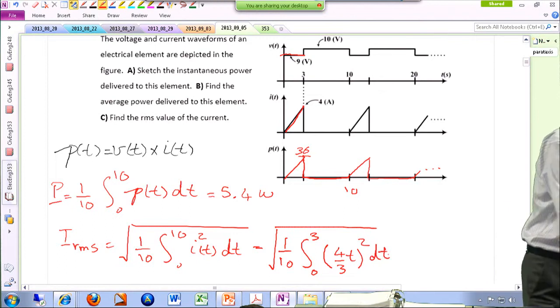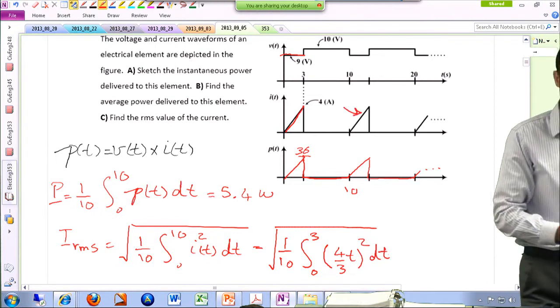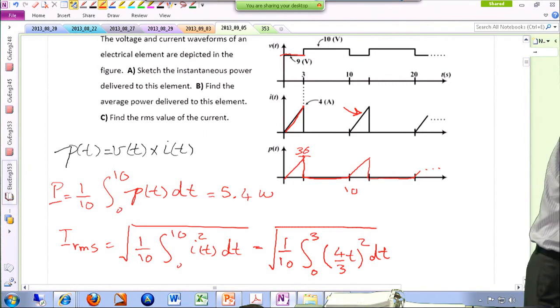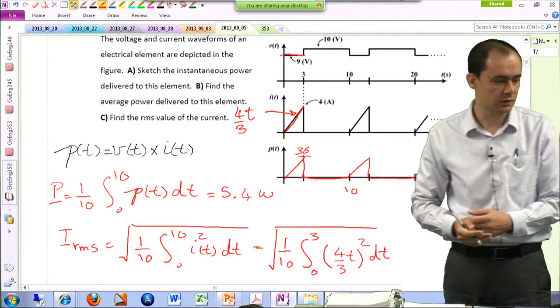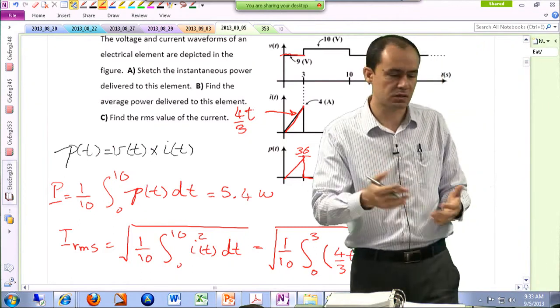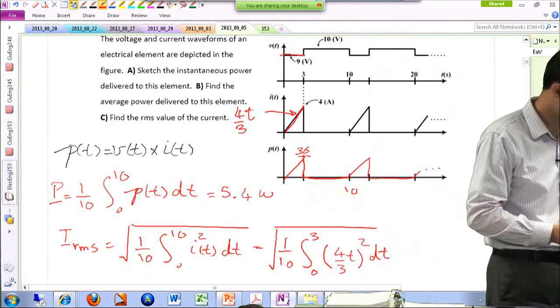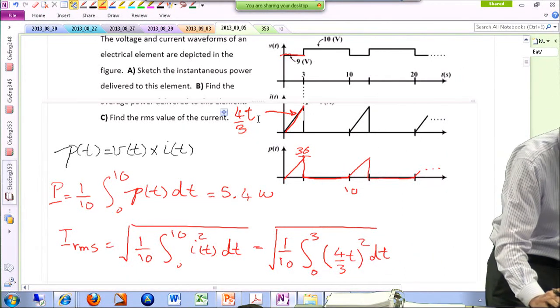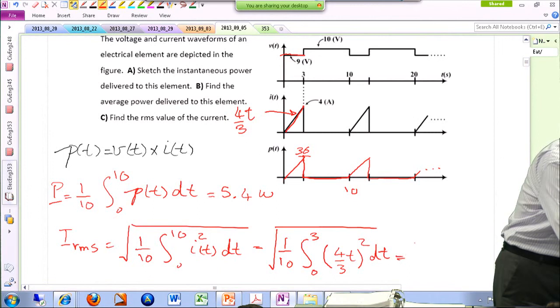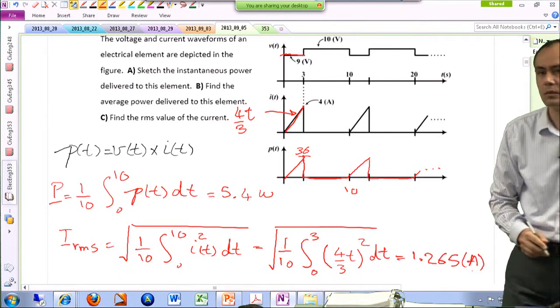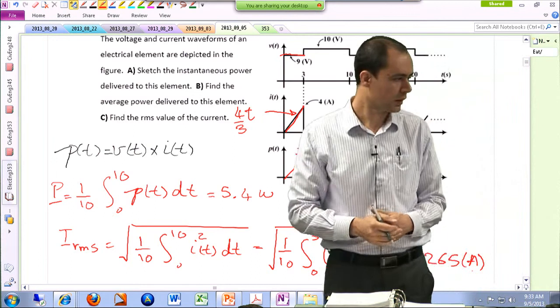I found the equation that governs this line, which is 4 over 3 times time. When time is 3, your current is 4, and it starts at 0, so when time is 0, the current is 0. If you do the math, you end up having 1.265 amperes. That would be the RMS value of your current.